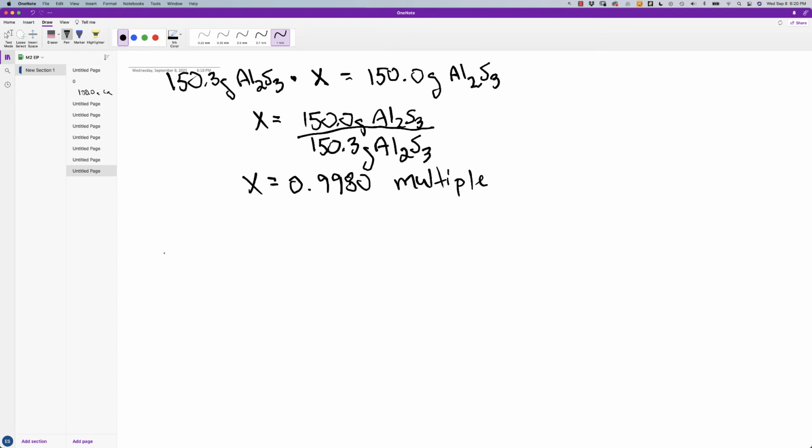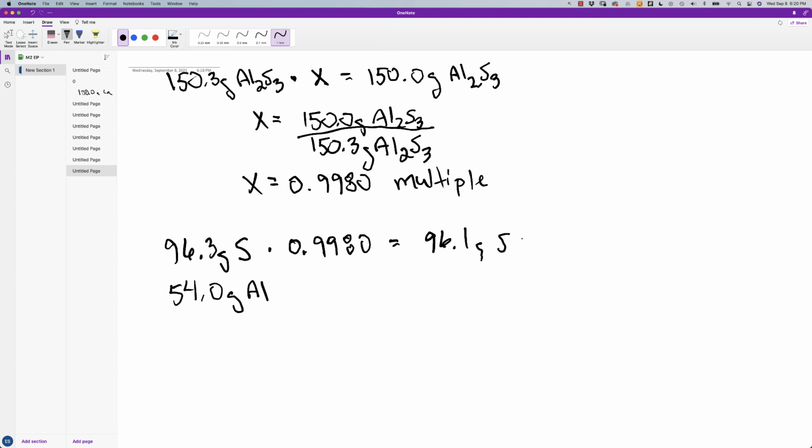If you remember, we found out, or from the beginning, that we used 96.3 grams of sulfur, and we used 54.0 grams of aluminum. So we multiply both of these by our multiple. This one comes up with 96.1 grams of sulfur needed.